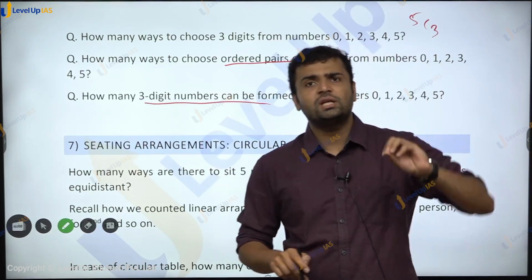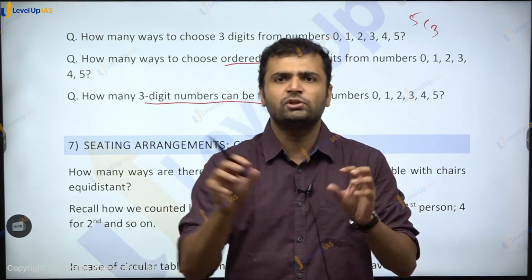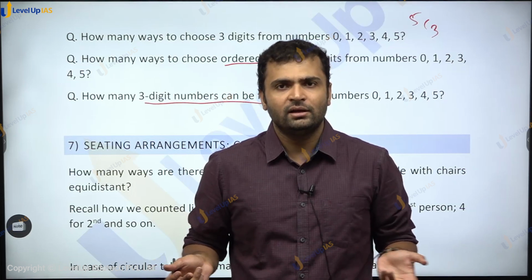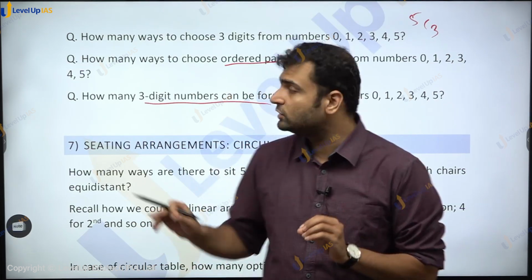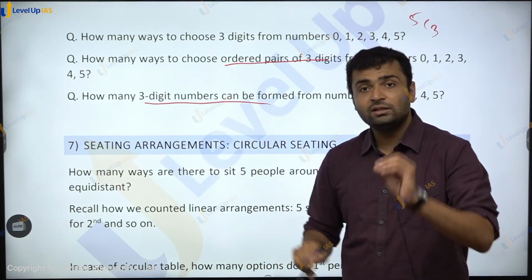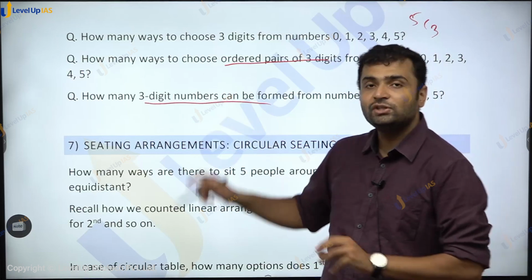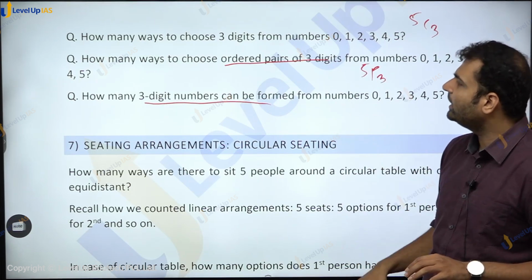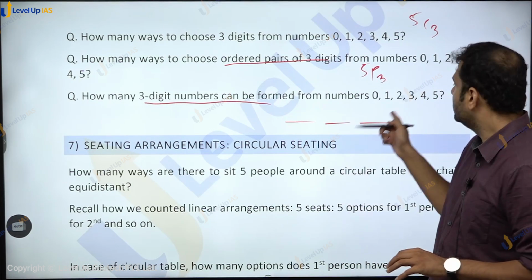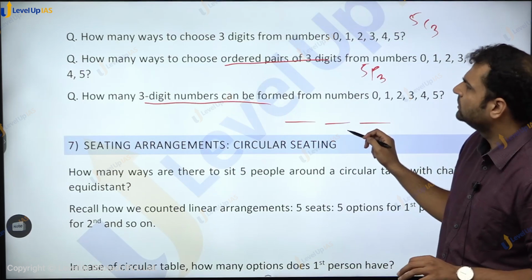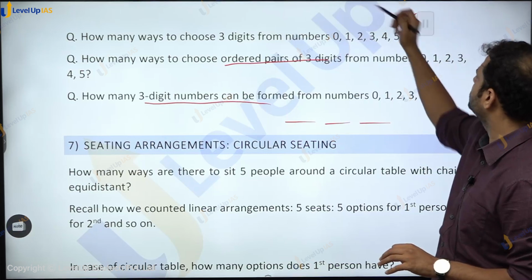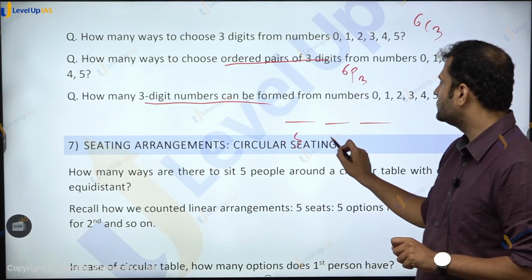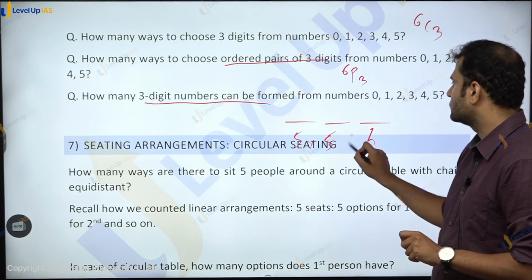But when we have to choose just ordered pairs, just pair चाहिए मुझे 3 चीजों का और ऑर्डर्स के साथ चाहिए, ऑर्डर्ड पेयर में 0 फर्स्ट आ सकता है, इट डजंट मैटर कि 0 कहां पे आ रहा है, बिकॉज दिस इज जस्ट ऑर्डर इज इंपॉर्टेंट, बट यहां पे इट हैज स्पेसिफिकली सेइंग 3 डिजिट नंबर, यहां पे 0 हंड्रेड्स प्लेस में नहीं आ सकता। तो हाउ मेनी ऑर्डर्ड पेयर्स? इट विल बी 5p3, एंड हियर ये अब ऐसे का वैसे करना पड़ेगा अपने को पुराना वाला, क्योंकि वी हैव 6 0 1 2 3 4 5 है क्या, तो 6p3, and यहाँ पे here we have 5 choices, here we have 5 choices, here we have 4 choices, right?